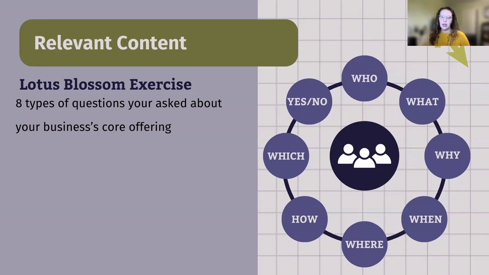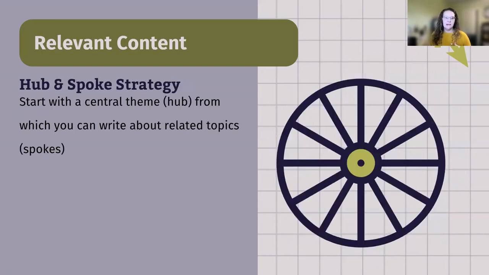So when you sit down and go through this exercise, one thing we recommend is also going back to your email inbox because it's likely that you've been asked some iterations of these types of questions in the past. And as a bonus, so not only do you have that question, you'll have your response that you can use to jumpstart writing your blog.